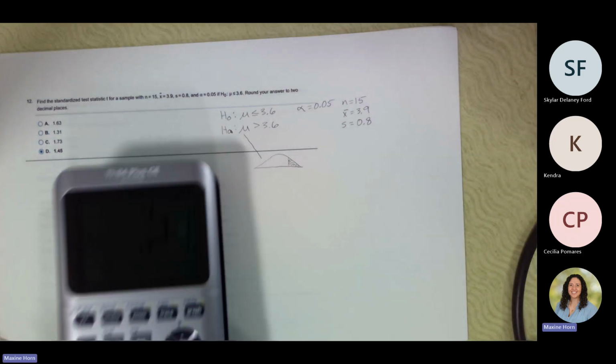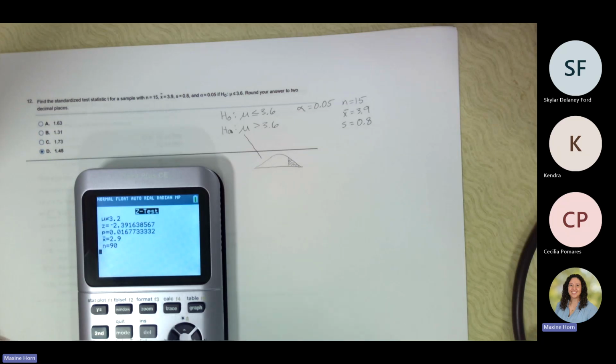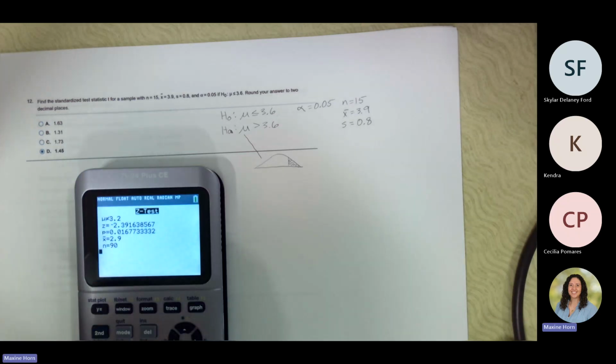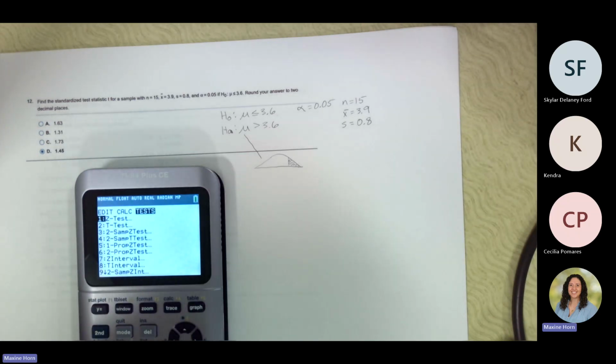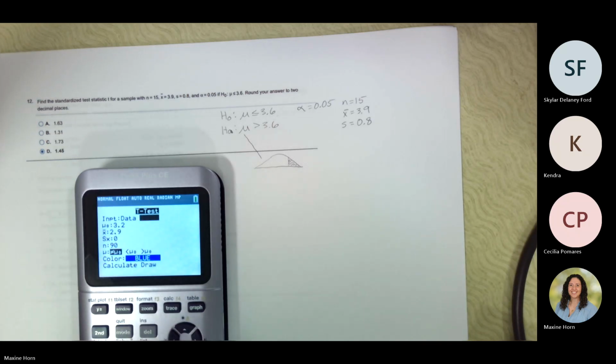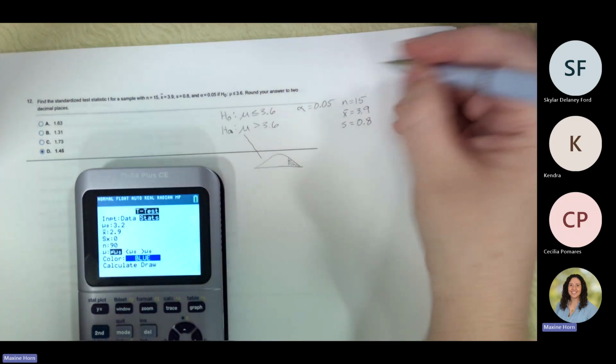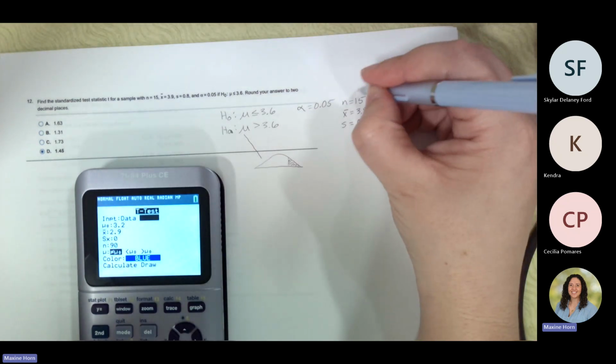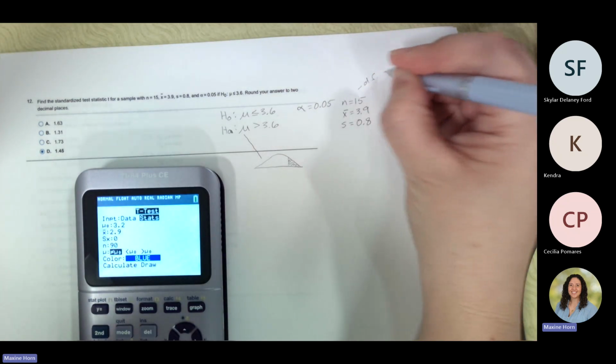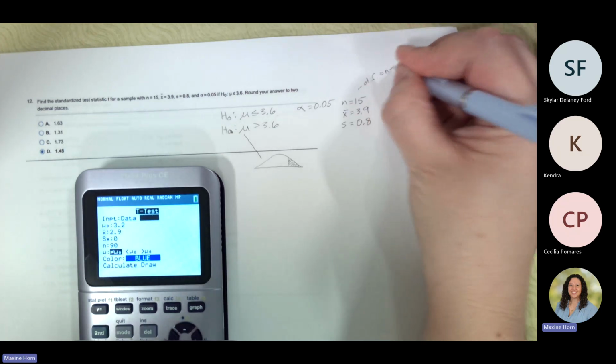All right, so again, in the calculator, we are going to go to stat, tests, and we're going to go to number 2, the t-test. Also, a note here, if you're doing this by hand, don't forget that your degrees of freedom with t-values are n-1.